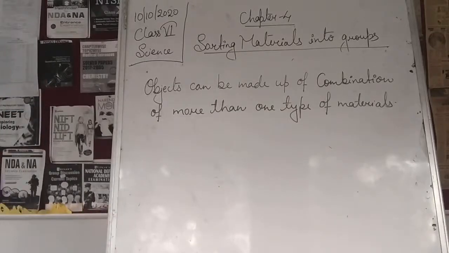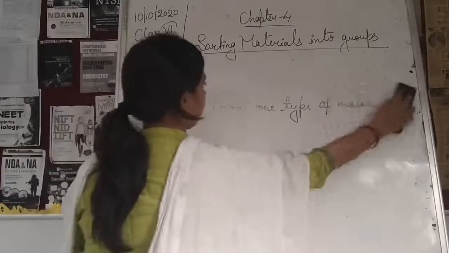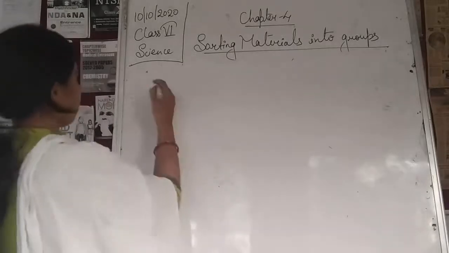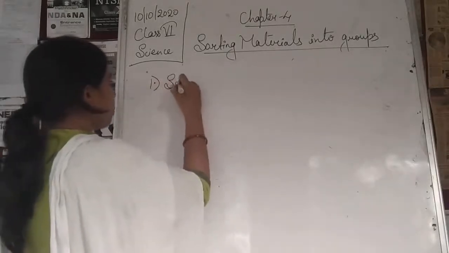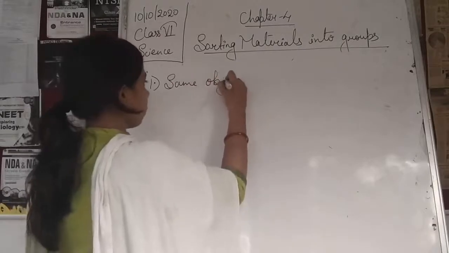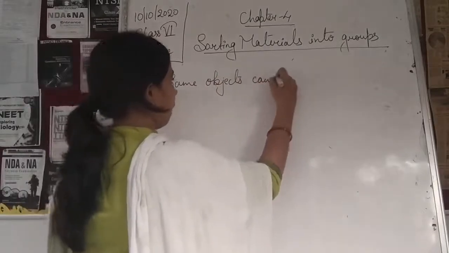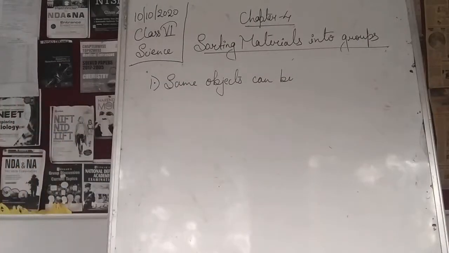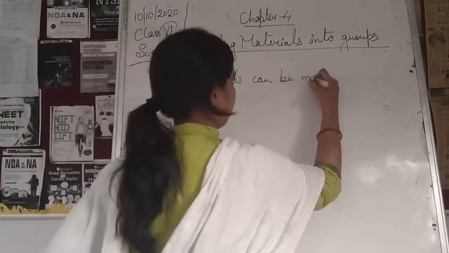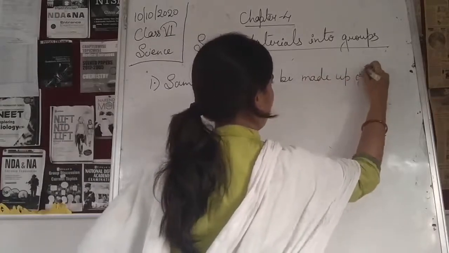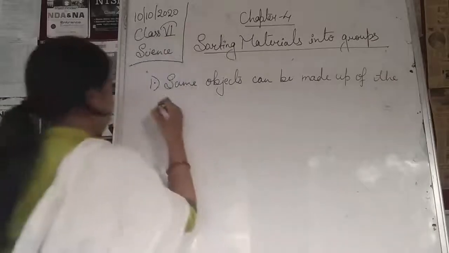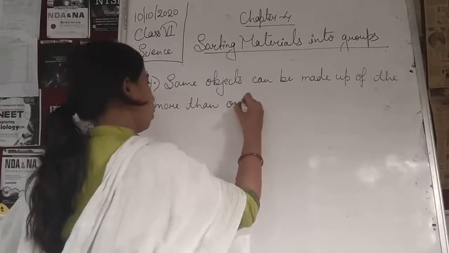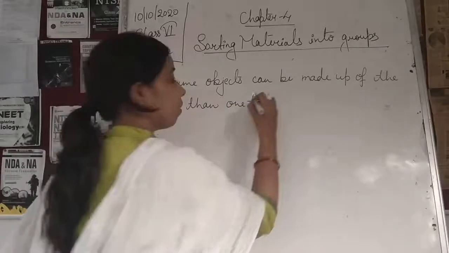So by this we can say, students, that three things are there. Again I am writing it. The first one is: same object can be made up of more than one type of material.